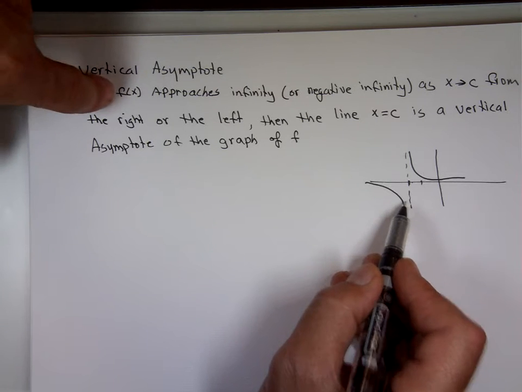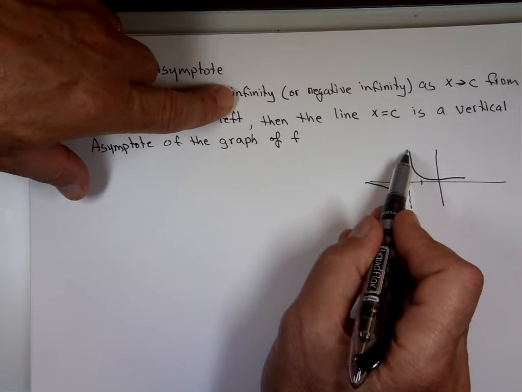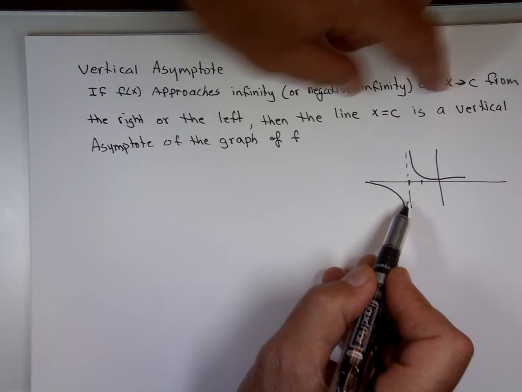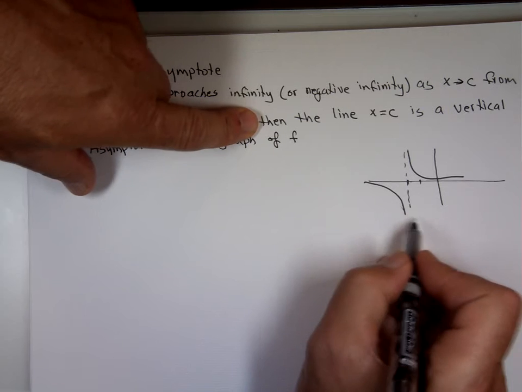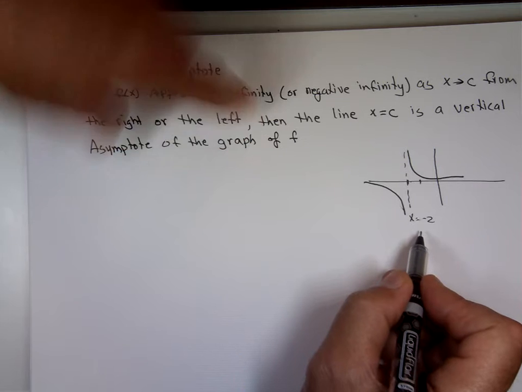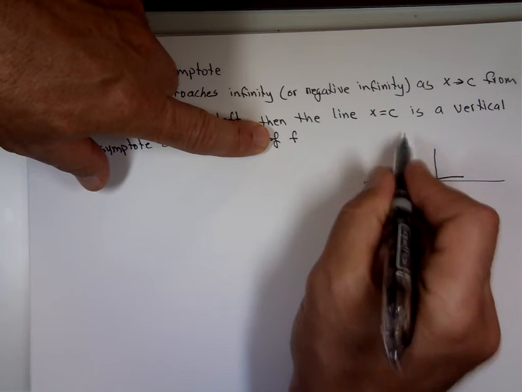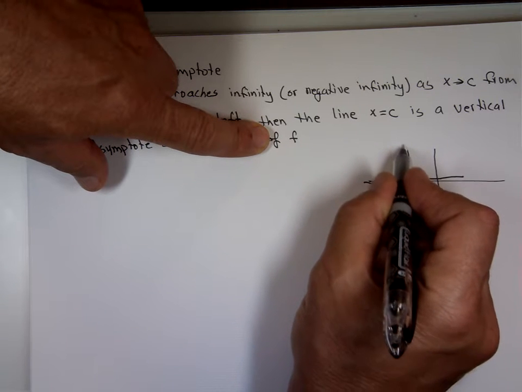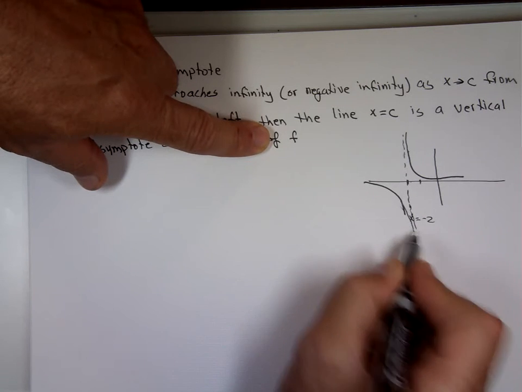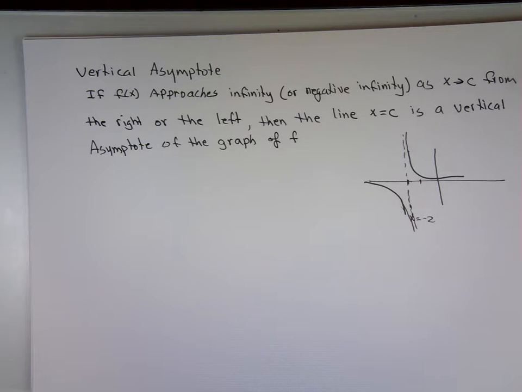It says if the function approaches infinity, so notice you're approaching infinity as you approach this number, or negative infinity as you're approaching that number, from the right or the left, then the line, which in this case is x equals negative 2, that's this line going up and down, is a vertical asymptote of the graph of f. Vertical asymptote means you'll never touch it, you'll never cross it. You'll come approaching that number, getting closer and closer to it. The same thing down here, if you're stretching it, that's what's going to happen. So x equals minus 2 is known as a vertical asymptote.